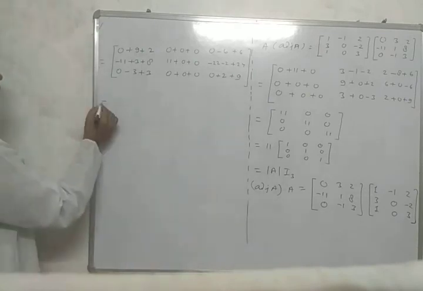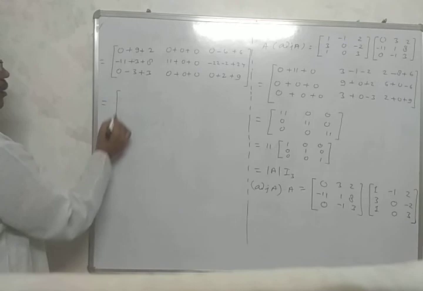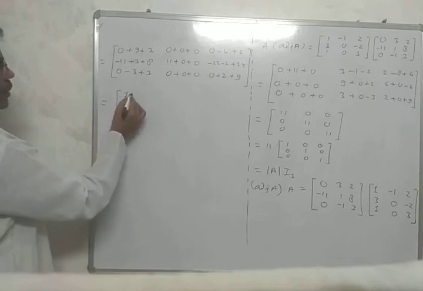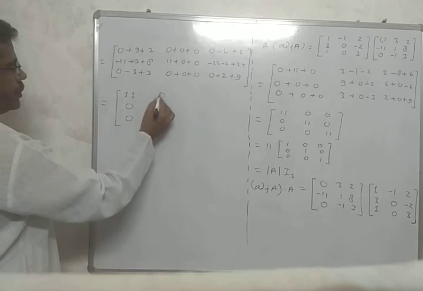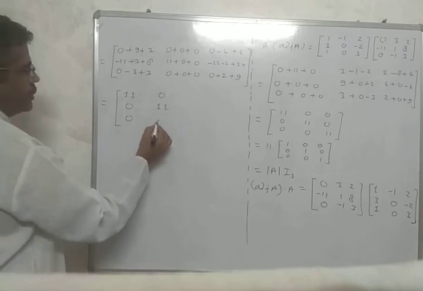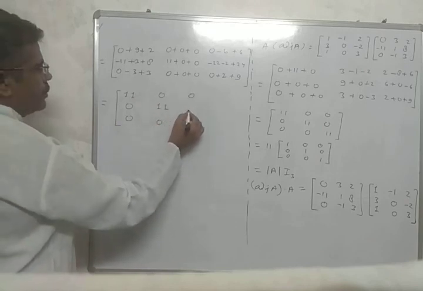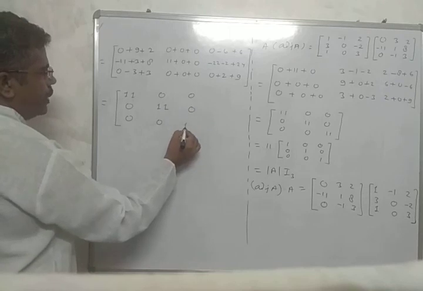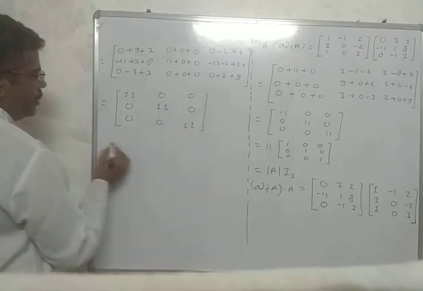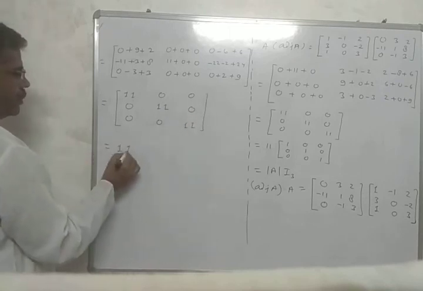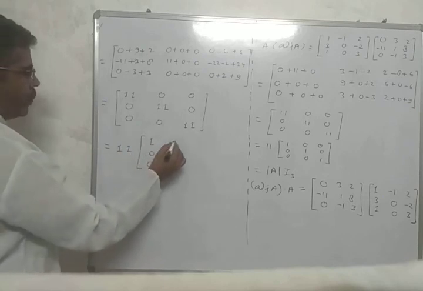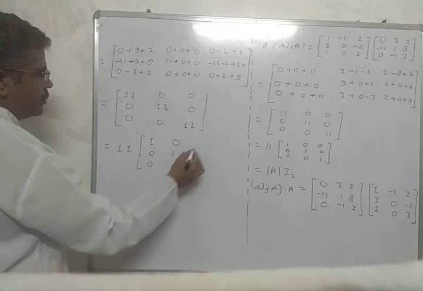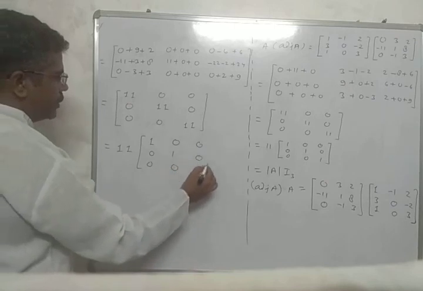So we write 11, 0, 0, 0, 11, 0, 0, 0 and 11. We take common 11 throughout: 1, 0, 0, 0, 1, 0, 0, 0, 1.